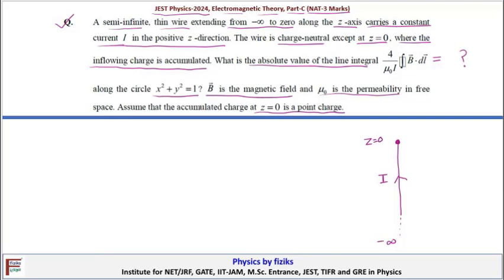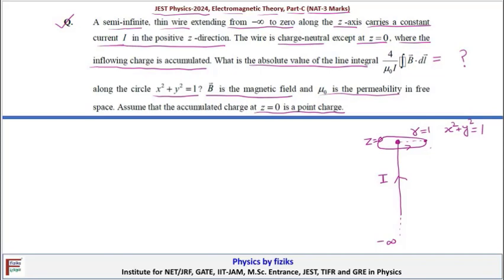So let us consider, because we know the magnetic field due to a semi-infinite wire at this end, a circle of radius small r, where r is equal to 1. This r will be 1 because it is given that the circle is x squared plus y squared equal to 1.